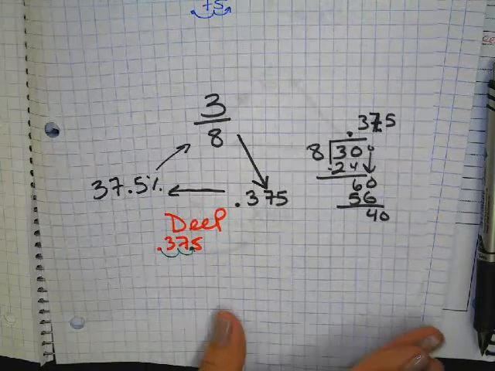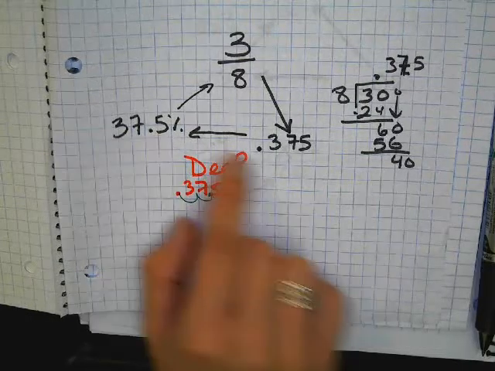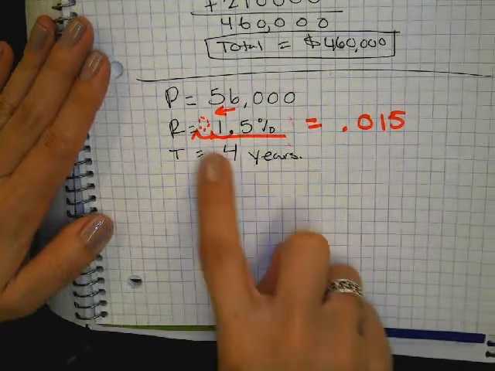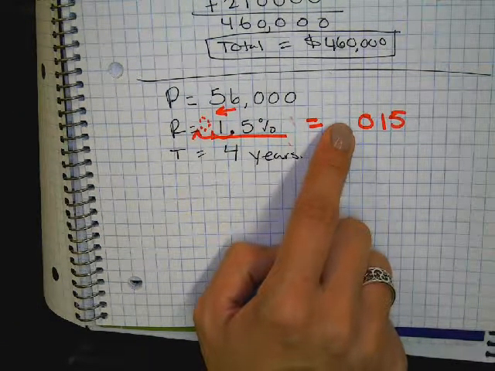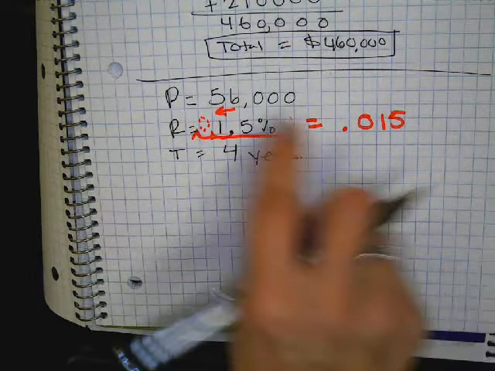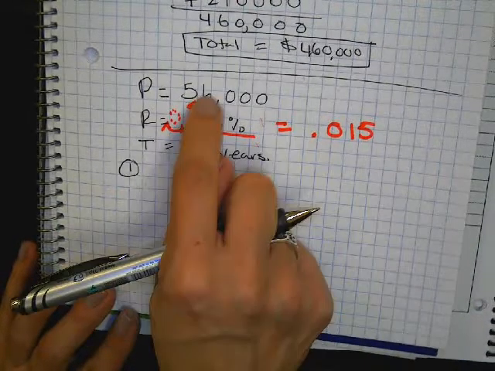Okay? So, we shouldn't be confused. Here it is. 37.5, move it twice. So, this part is not new. You've been almost doing this for a whole month now. The new part is multiplying these 3 numbers together.